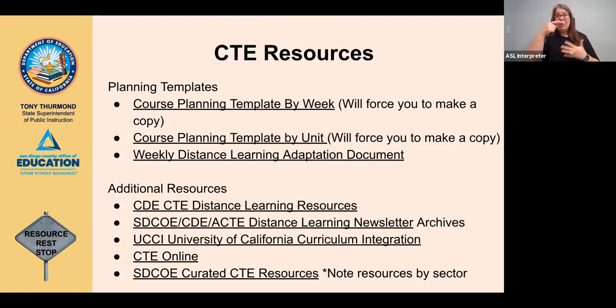Really what they are is just providing a structure. You can make a copy and customize them, put your program logos on them, take stuff out you don't like, put stuff in that you want. But it's really to just create a framework so that teachers have something concrete that they can refer to in advance and know where they're going, and deliver to students in a really straightforward, consistent way.